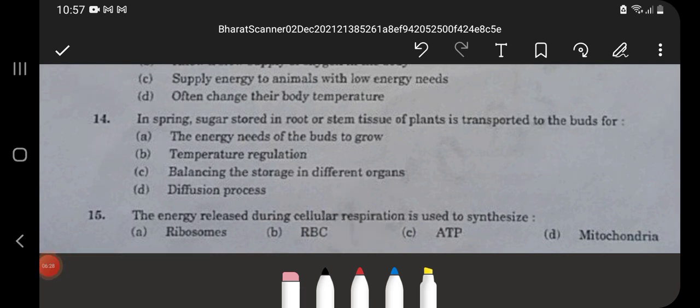Now going to 14th question. In spring, sugar stored in root or stem tissue of a plant is transported to the buds for... The answer is A: the energy needs of the buds to grow.